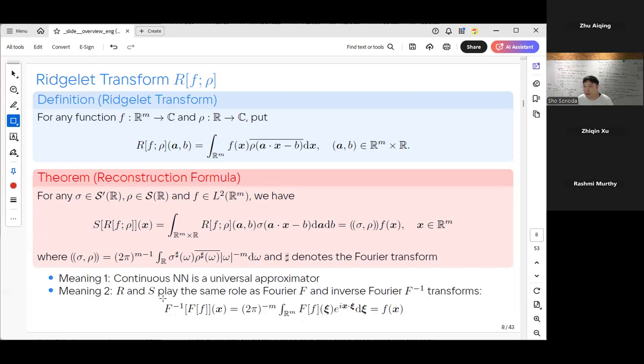The inverse Fourier operator synthesizes or reproduces the original function f, right? Similarly, the continuous neural network operator synthesizes or reproduces the original function f. So the Fourier transform and its inverse play the same roles as R and S. That's the second meaning.